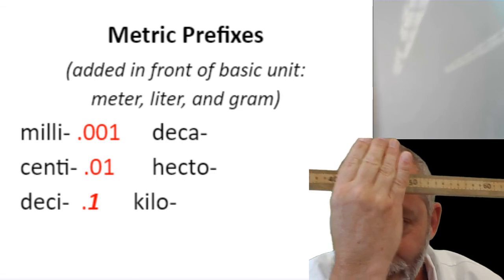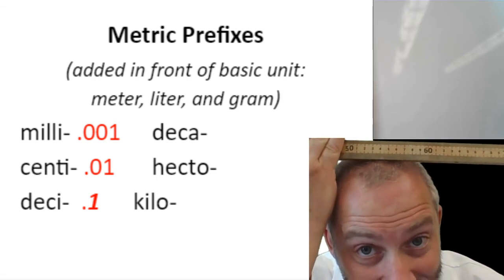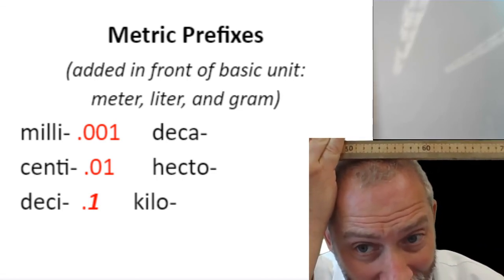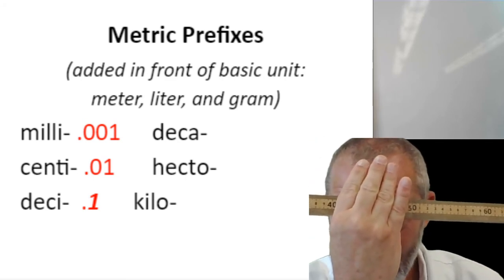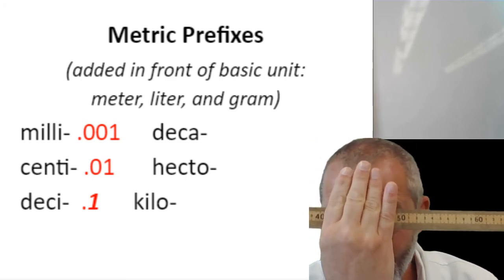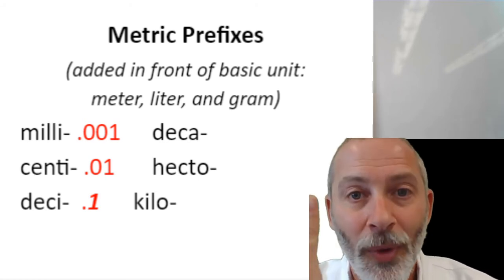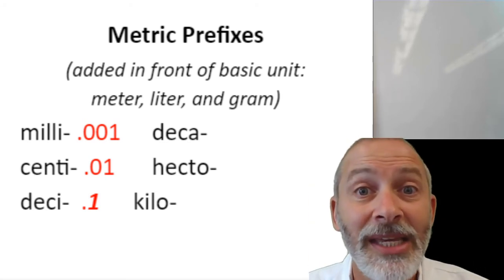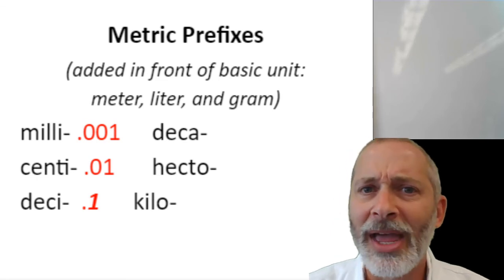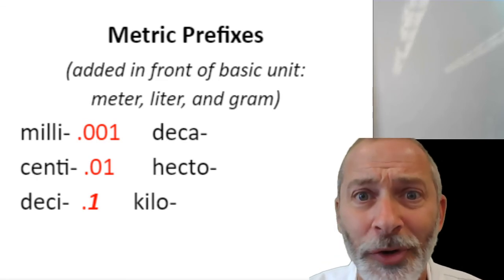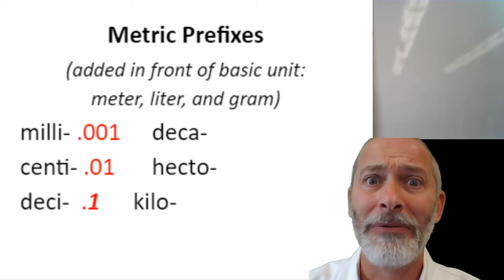In fact, if you put the prefix deci in front of meter, you've got a decimeter. And a decimeter is about the thickness of your hand. One hand is about a decimeter. By the way, a hand is also a measurement for horses, but we won't go there right now.